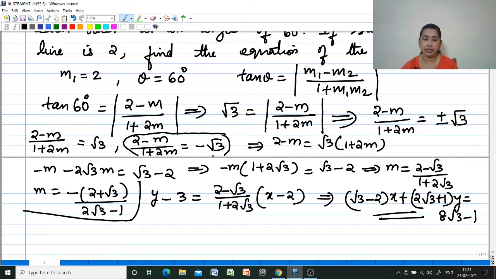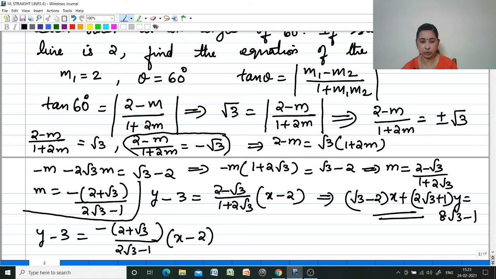And in the same way, the second equation can be written as y minus 3 is equal to, the next slope, minus (2 plus root 3) divided by (2 root 3 minus 1), into (x minus x1), where x1 is 2.